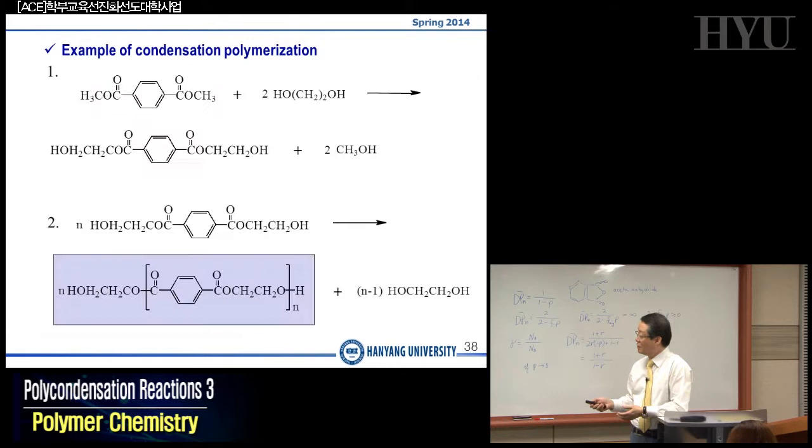Polyester has, as you know, the ester linkages or functional groups, but this ester functional group does not provide much hydrogen bonding with water. Right? So polyester itself has a little problem with electrical charge issues.